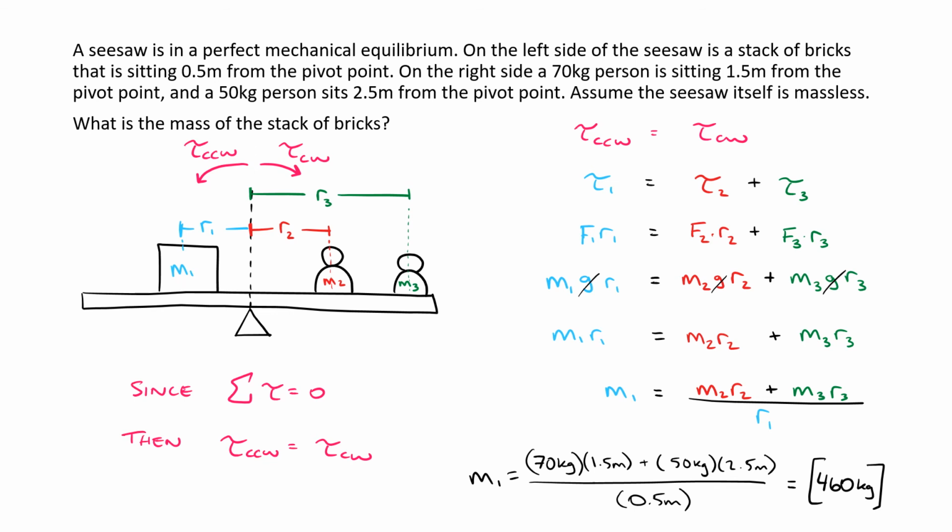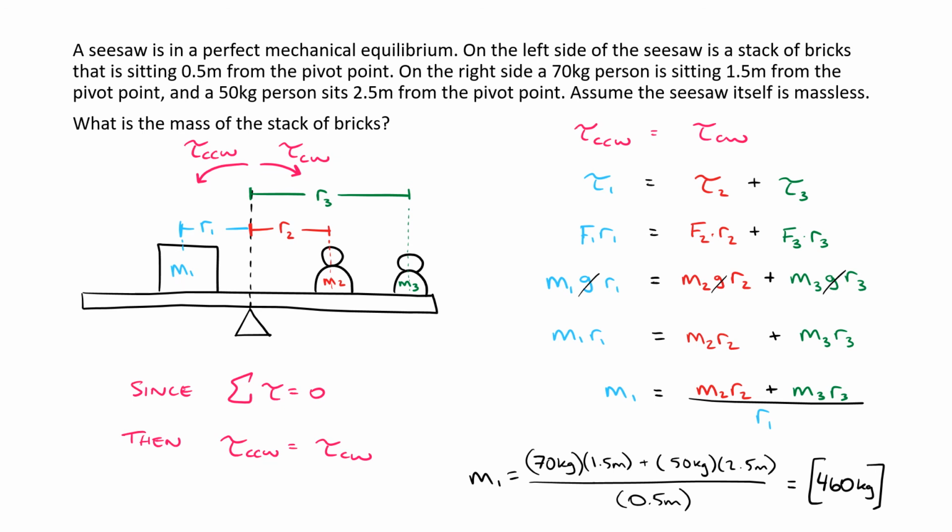So I just filled in all the spaces. Since every term has gravity in it, I can cancel it out. If there was a term that didn't have gravity in it, I wouldn't be allowed to do this.